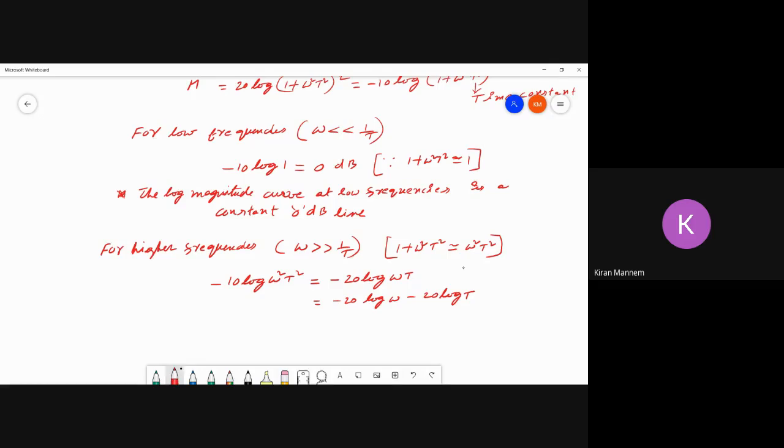Now what about the frequency when omega equal to 1 by t? This frequency is called break frequency or corner frequency.